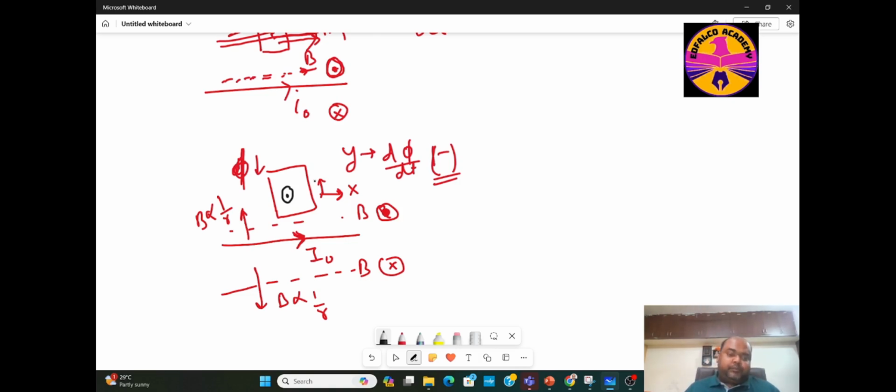Now that is the direction of the magnetic flux also, right? So here the magnetic flux is actually decreasing, right? The magnetic flux is decreasing. So the rate of magnetic flux is actually decreasing.